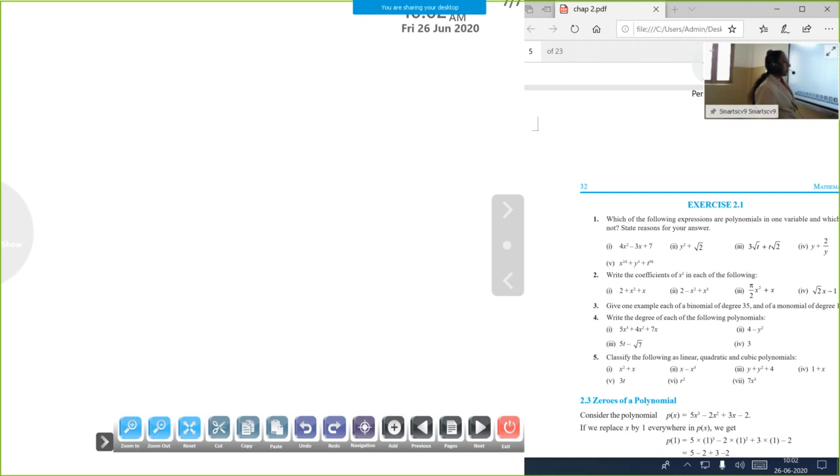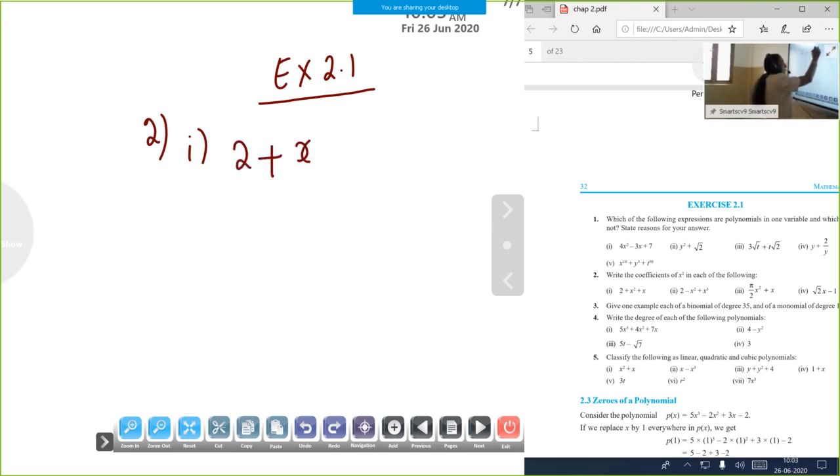Then in exercise 2.1, second question, first part. Your question is write the coefficient of x square in each of the following. And your question is 2 plus x square plus x.